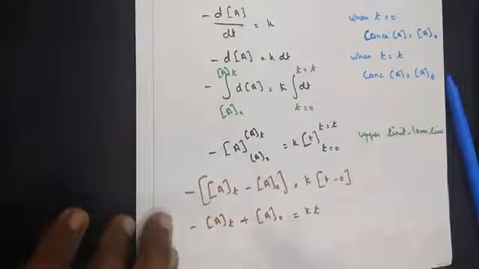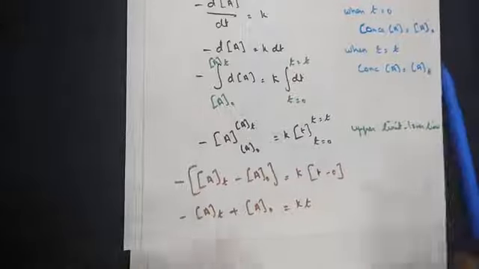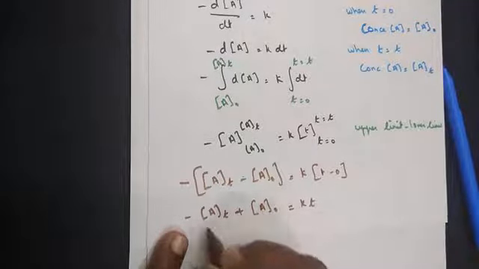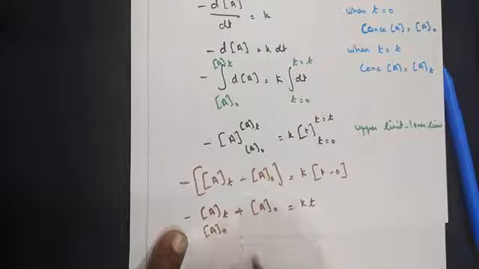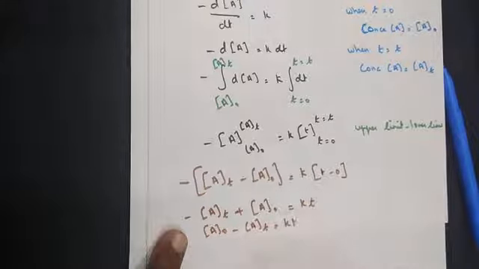If we rearrange the terms, what do we get? Take the plus term in front. We get A naught minus concentration of At is equal to Kt. So if we have to calculate the rate constant K, take the t to the denominator.